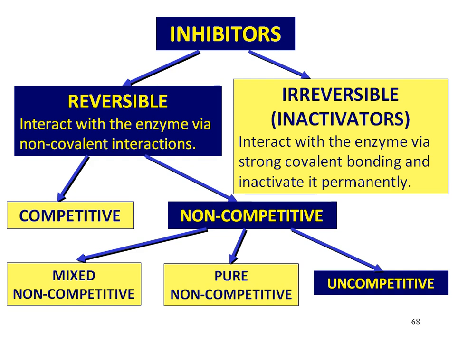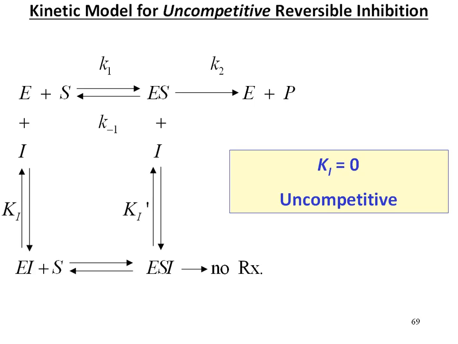So now we come to the last type of non-competitive inhibition, and this is the uncompetitive inhibition. It falls on the taxonomical chart here under non-competitive reversible inhibitors. So this is the general model. In uncompetitive inhibition, the Ki is 0, so that part disappears.